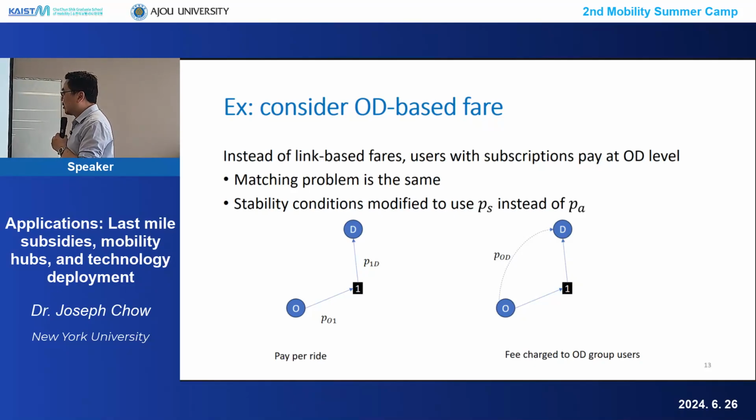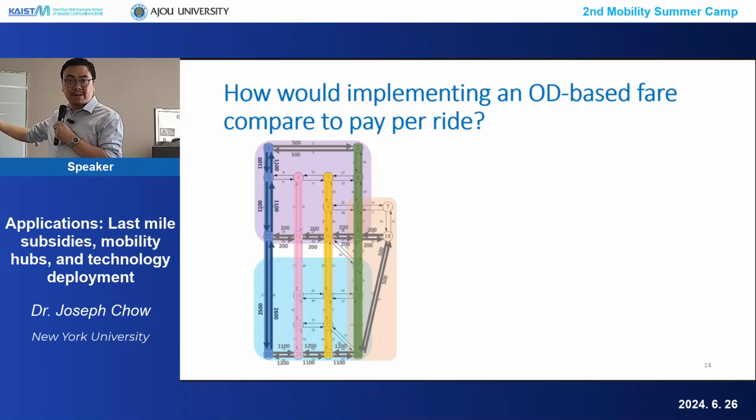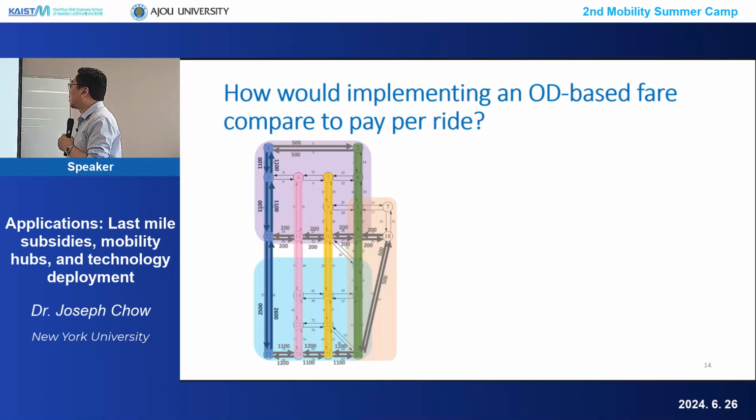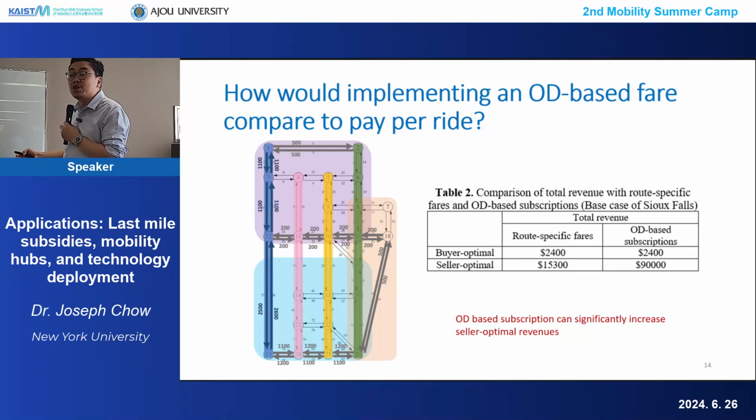But very, very manageable. So we're able to show then, for the same example that we showed earlier, if we change the pricing scheme from the route-specific fares that we had earlier, the additive ones, to OD-based ones, these would be the resulting revenues that we would get in total, right?